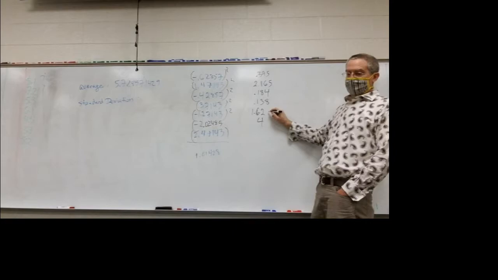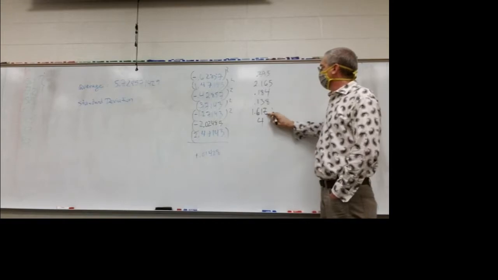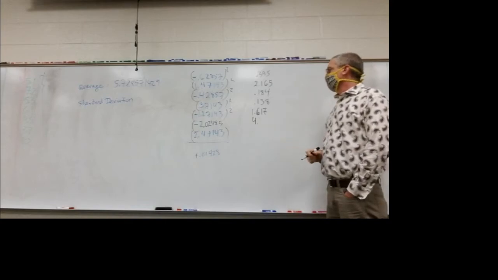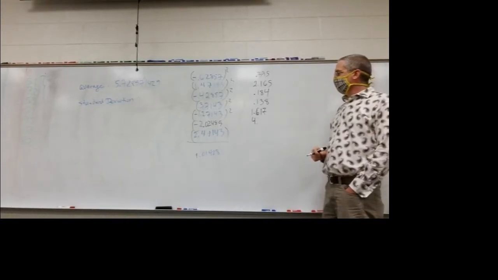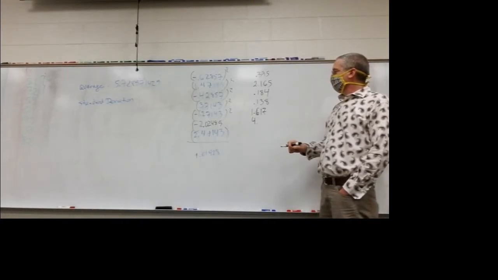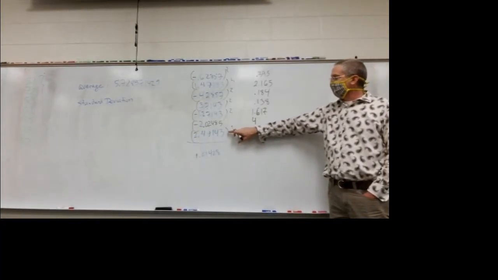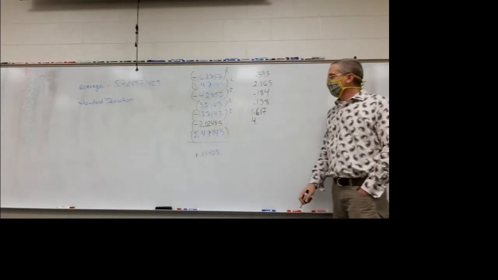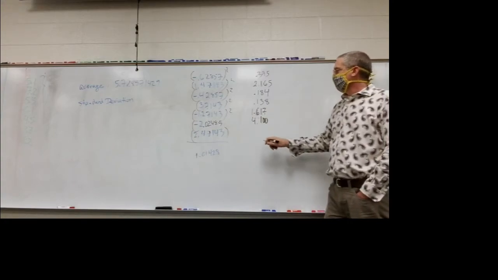Then 1.616, 617. Yes, 617. So this is going to be 4 point something. Is that a 9 on the bottom? The last value we have to square is 2.47143. Sorry, what is this one? 4.1? Oh, yeah, right. 6.108.